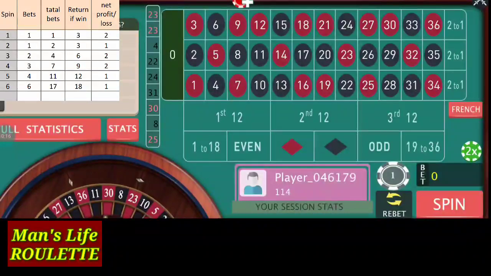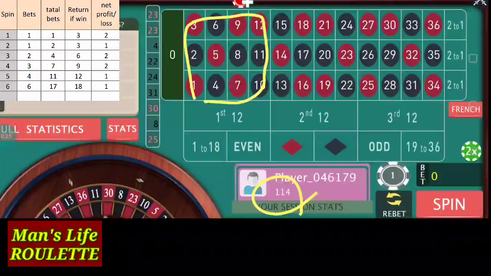So you can see that I have started from a $100 bankroll, and I have played only the dozens in this manner, in cycles of 6 spins, and I have moved up to the fourth spin in my first cycle, and in this 10 minutes of play I made a profit of $14.